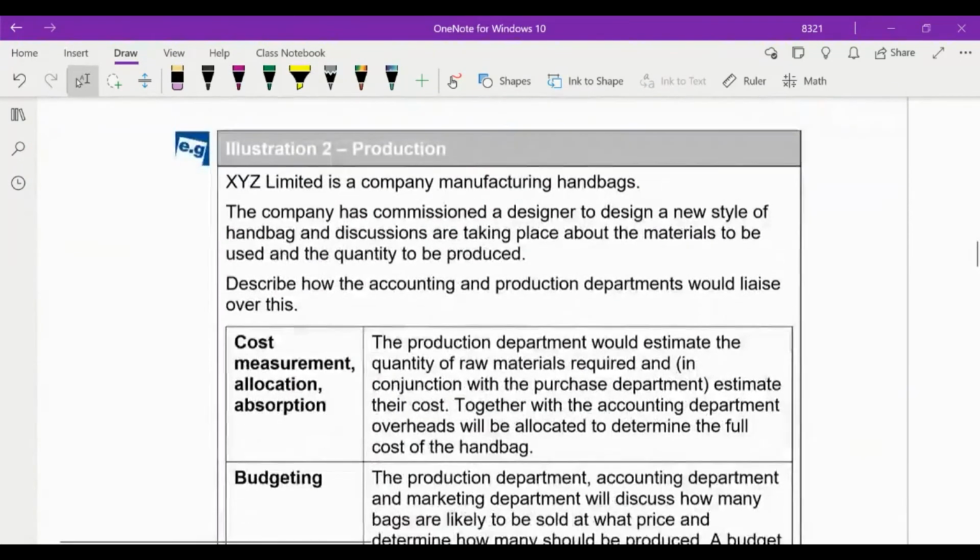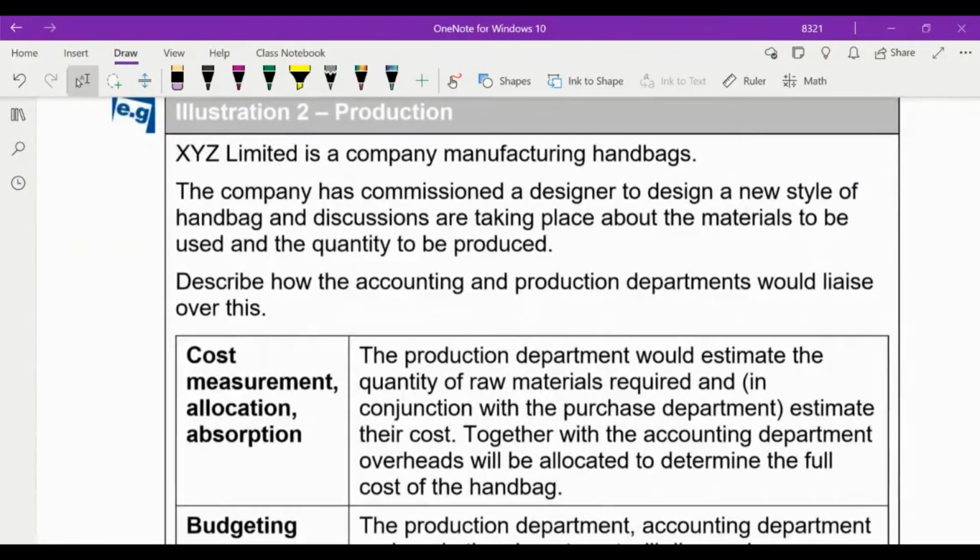Again, another illustration. XYZ Limited is a company manufacturing handbags. Company has commissioned a designer to design a new style of handbag. And discussions are taking place about the material to be used and the quality to be produced. Quantity to be produced. Describe how the accounting and production departments would liaise over this.